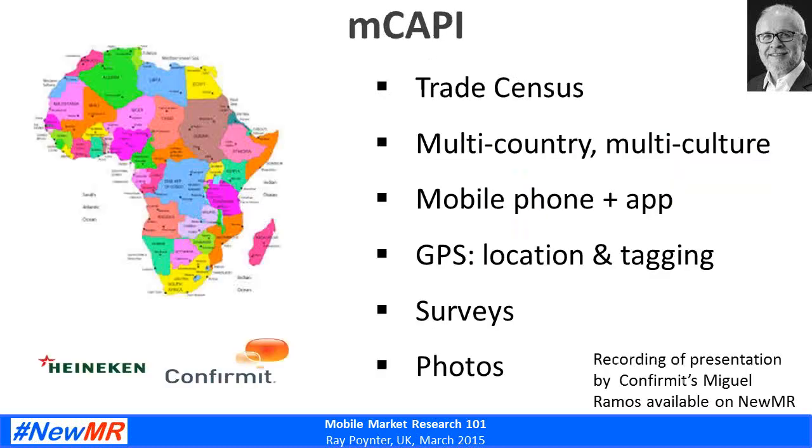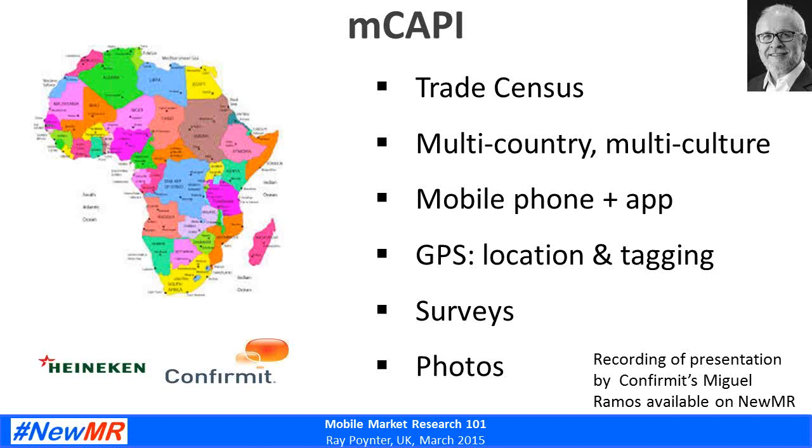Another great study, presented at the 2013 NewMR event by Miguel Ramos, talking about how Heineken wanted to do a trade census in Africa, multi-country. They used mobile phones with an app, the Confirm It Soda app, with GPS location and tagging.